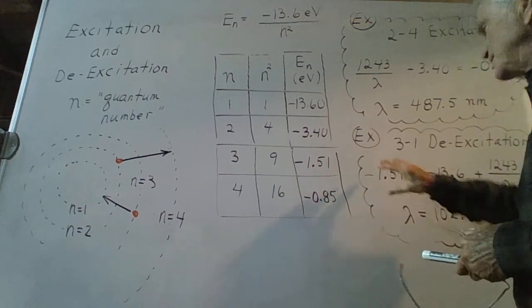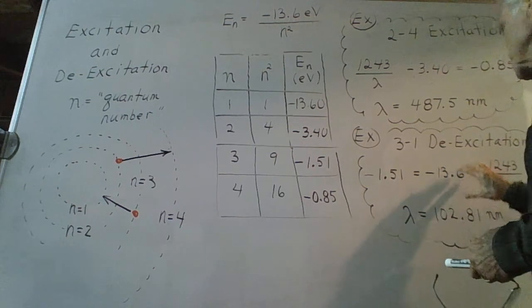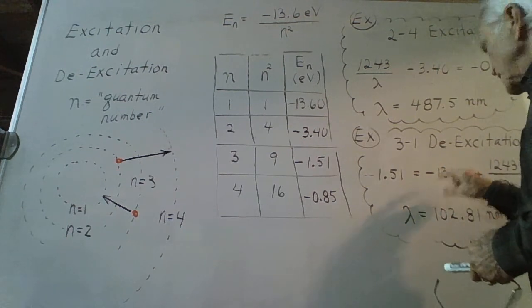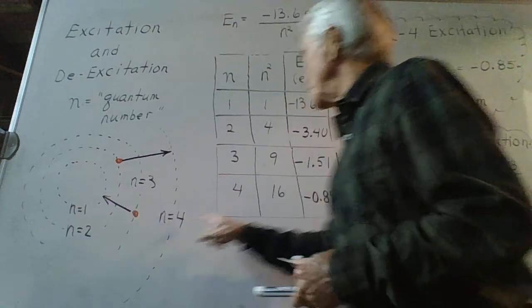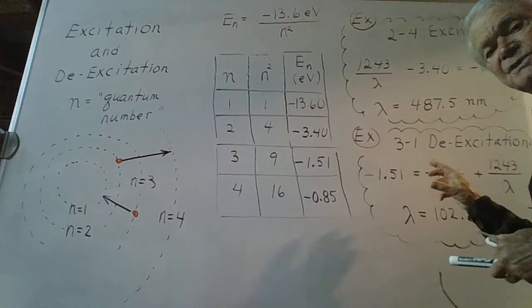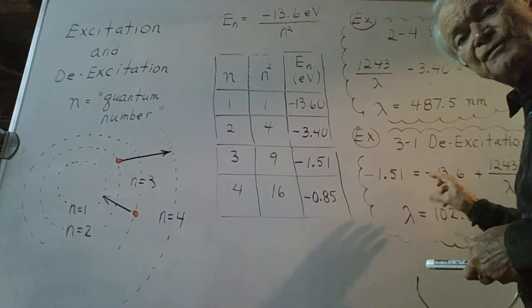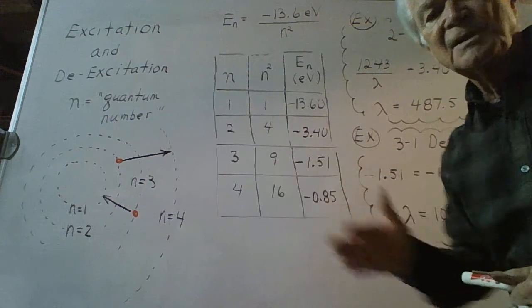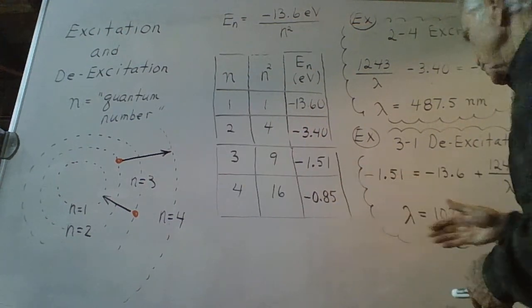So this is the before energy. What I show here is the after energy, which is the energy that the electron will have in the first state, n equal to 1, negative 13.6, but there's something else that has energy later, and that is the photon that is wiggling away from that location where the de-excitation occurred.